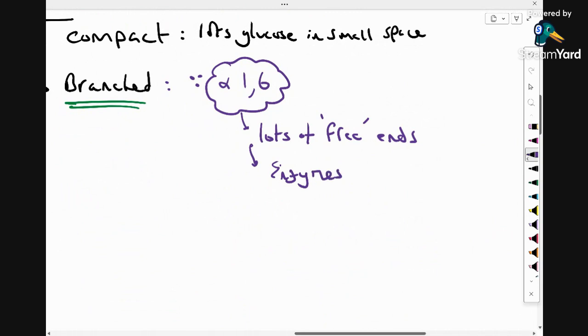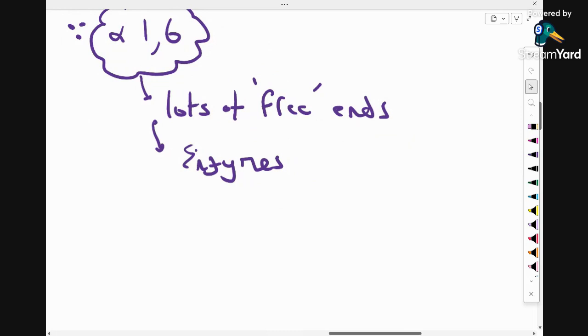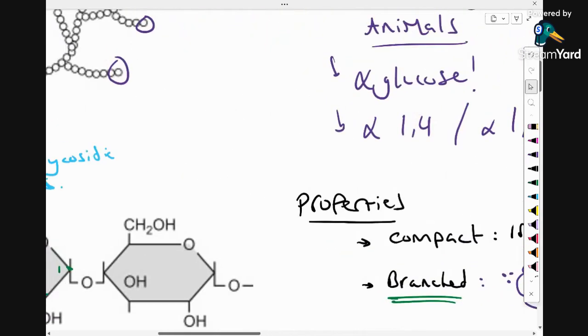that can digest and break down glycogen can attach to all these ends. Enzymes therefore have a high surface area to act on. And the enzymes, you don't need to know what they are.